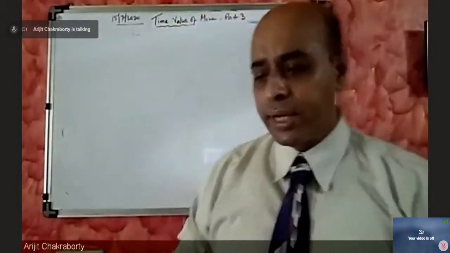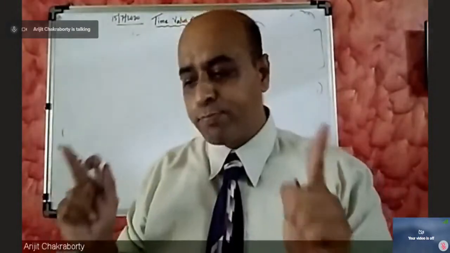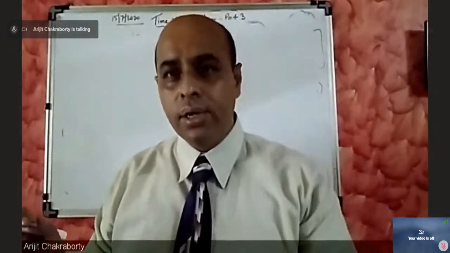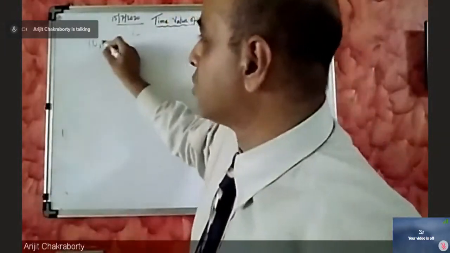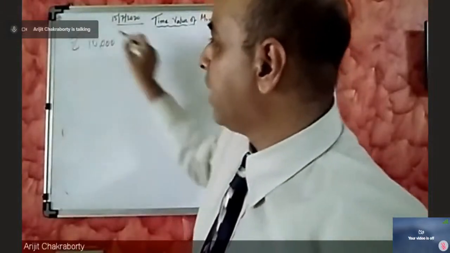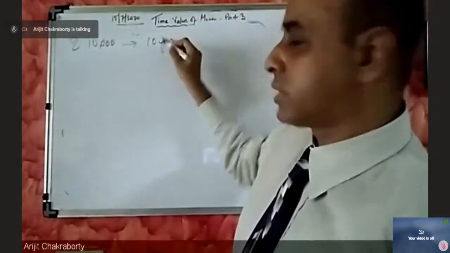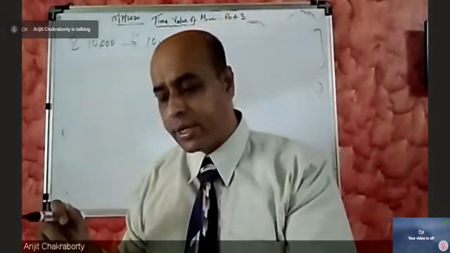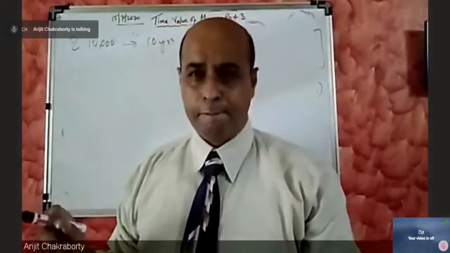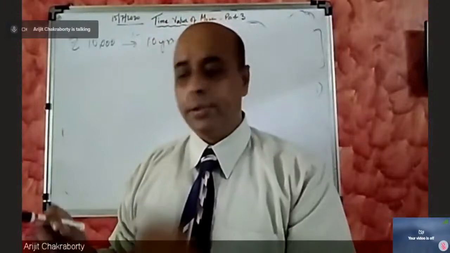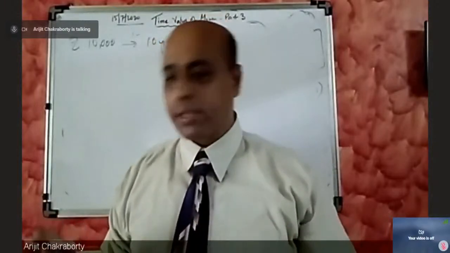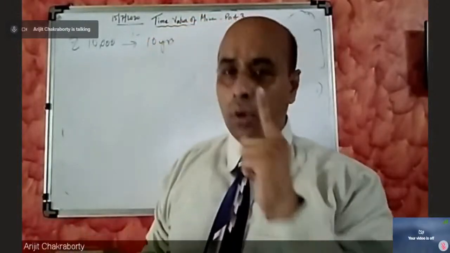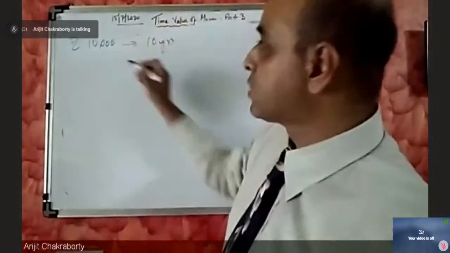The question is, 10,000 rupees is paid every year for 10 years to pay off a loan. So this is the installment. The annual installment on a loan is 10,000 rupees. What is the loan amount, if the interest rate is 14%?